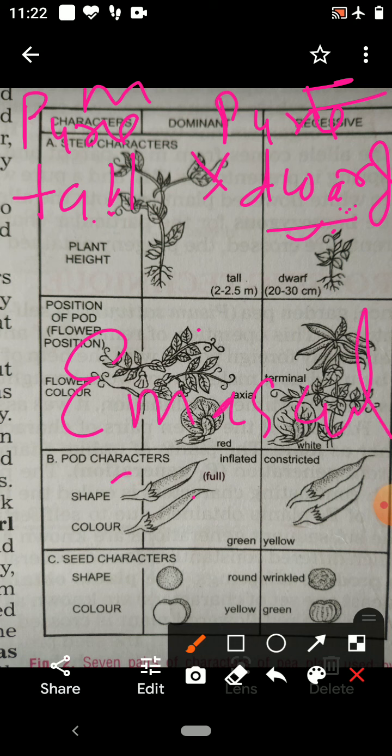Emasculation. So you have to know what is emasculation. Emasculation is removal of anther, that is the male part of the flower, from the bisexual flower before the maturation of stigma.